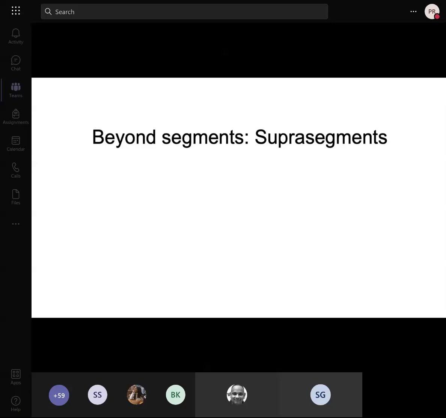Anybody has any answer to this? What are the suprasegments? Maybe for vowels and consonants, we'll add some tone, because tone can also be a feature.